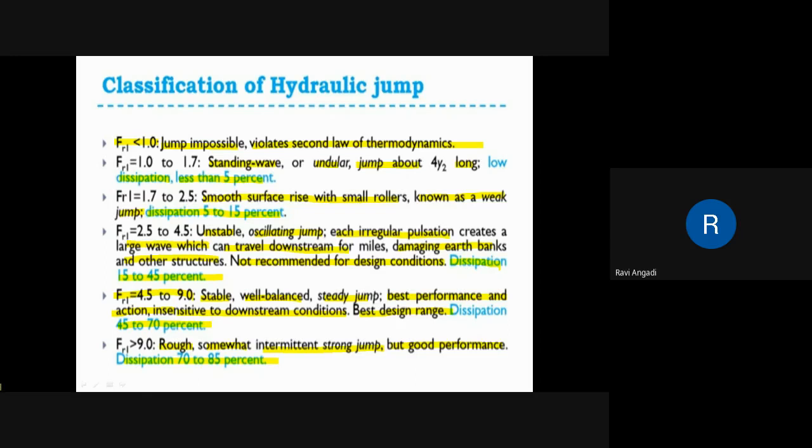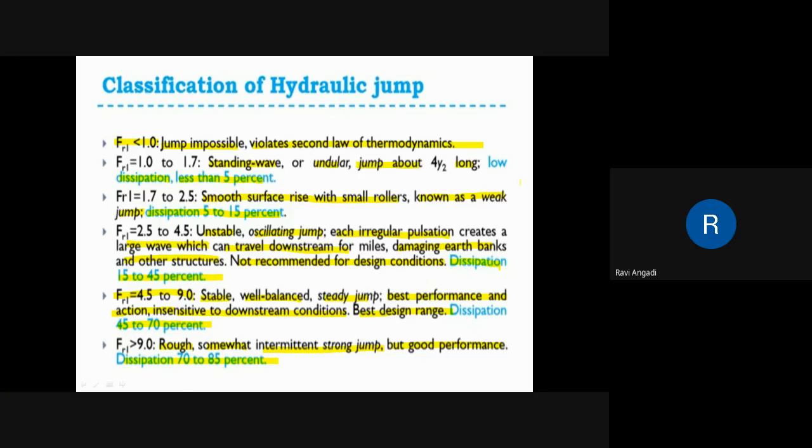So if you are a hydraulic engineer designing some hydraulic structure, this number will be very much useful for deciding what kind of jump we should have for protecting the banks and bed of the channel as well as the banks and bed of the dams.